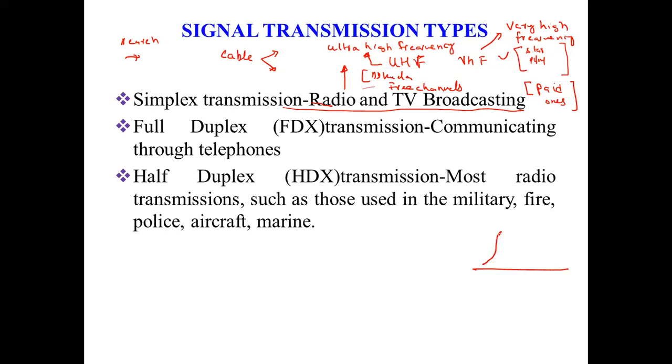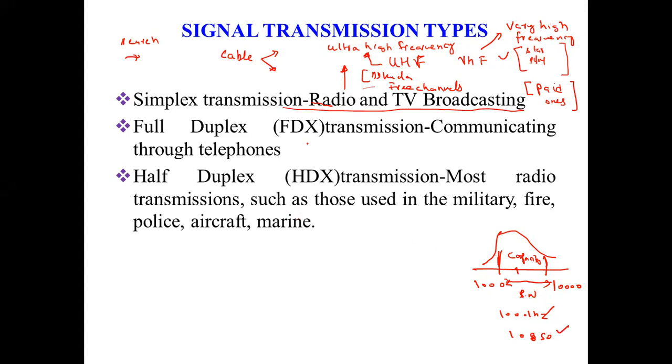These frequencies range from, say, 10,000 to 1 lakh, and from here you have a bandwidth. This is the channel bandwidth, and this bandwidth will give you the capacity of the channel. So at 1,001 hertz you can have a channel, or at 1,050 you can have another channel like this.